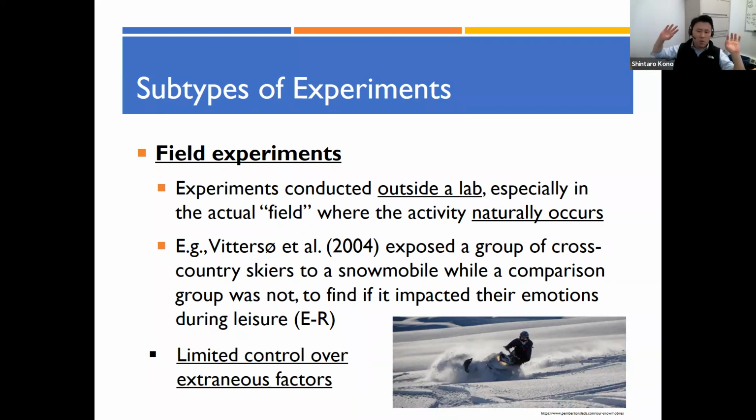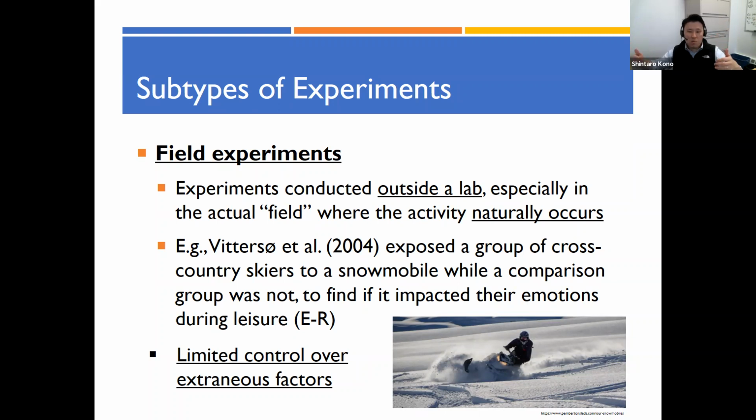For example, people who are managing a ski resort or those areas, if they realize that, yes, encountering a snowmobile significantly makes emotional experiences negative among cross-country skiers, then they're going to separate them, wouldn't they? So that no encounters happen, because they want to improve emotional experiences and satisfaction and whatnot, right?